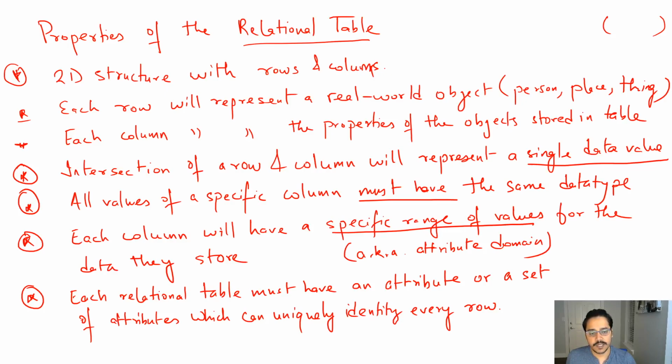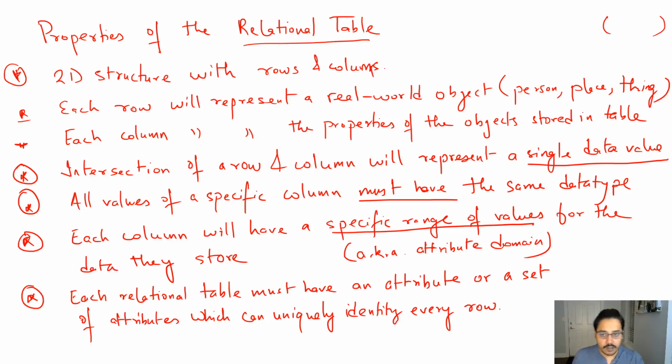You have to keep that in mind, okay? And every column will have a specific range of data values, and you cannot store values that are outside of this range. And then there must be an attribute or a set of attributes which allows you to uniquely identify each and every row that is stored or present in the table and kind of distinguish them from one another.